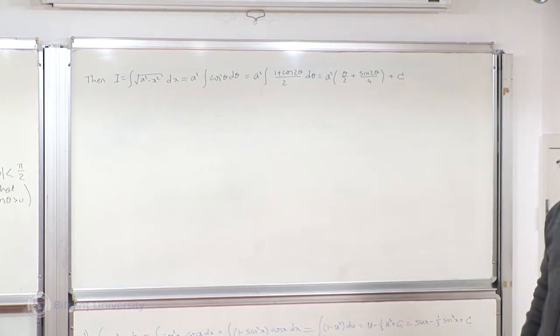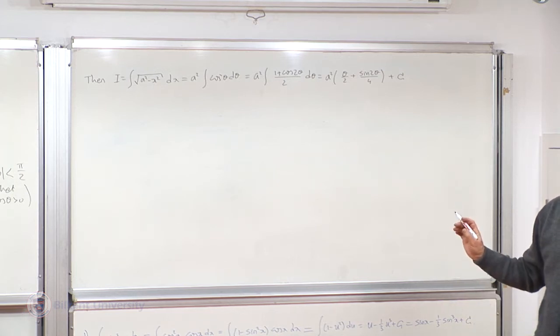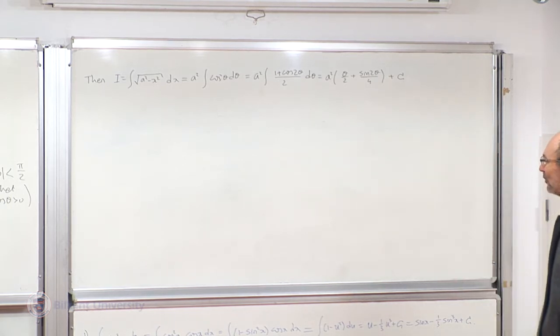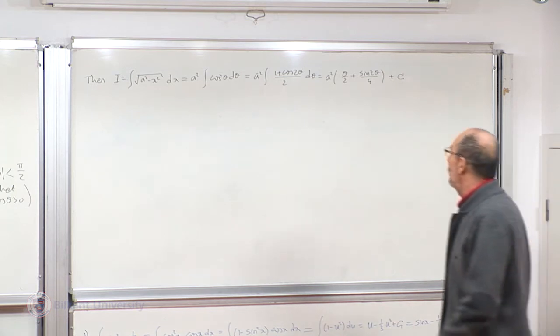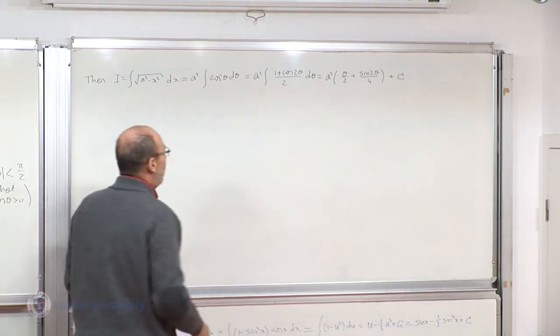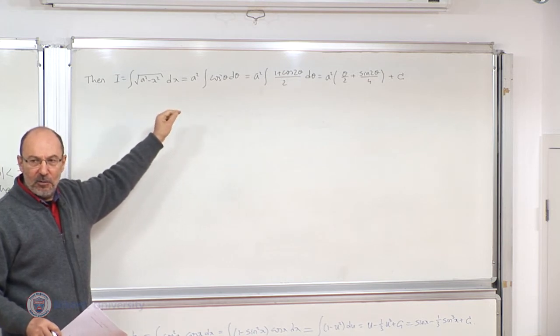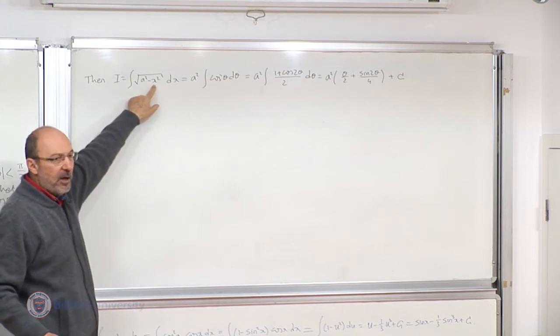I'll continue from here. If it is wrong, it's totally your responsibility. You are checking. Okay, correct? Okay, so I got one approval, so I continue. Okay, but you see this is correct, but this is not yet the answer we want to give because the question is in x.